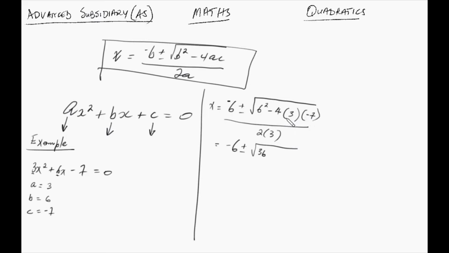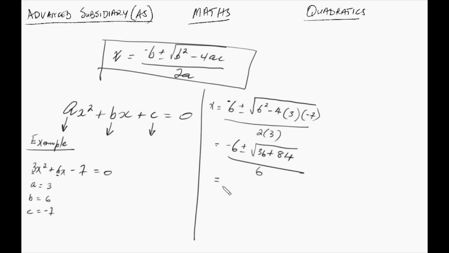We have 4 times 3 times 7. It's 84. So we have positive 84 here, because negative 4 times negative 7 will be positive. So positive 84 here, divided by 6.